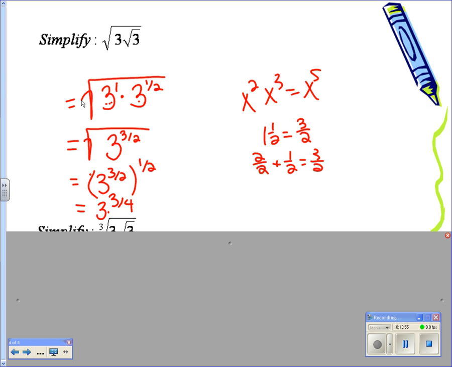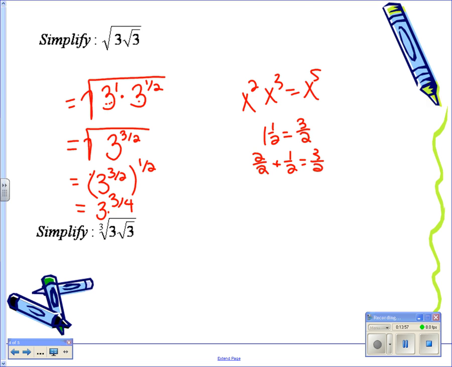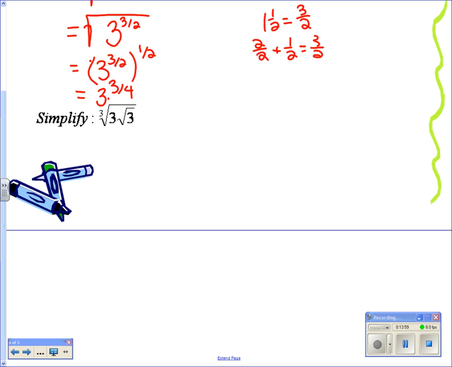Okay, let's look at another one. What's different? Cube root. Same thing, same concept, yes. Can you simplify this cube root before you do the square root? Because this is on the inside.